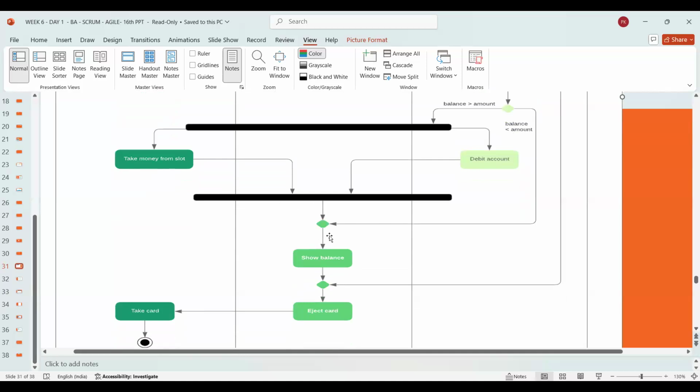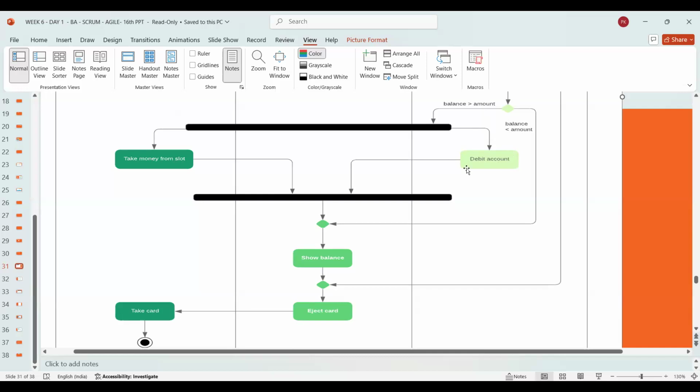Can you see this? And as well, your account is debited. There are two things. If the balance is more than the amount, in short, you have sufficient funds in your account, then your account is debited and you take the money from the slot.